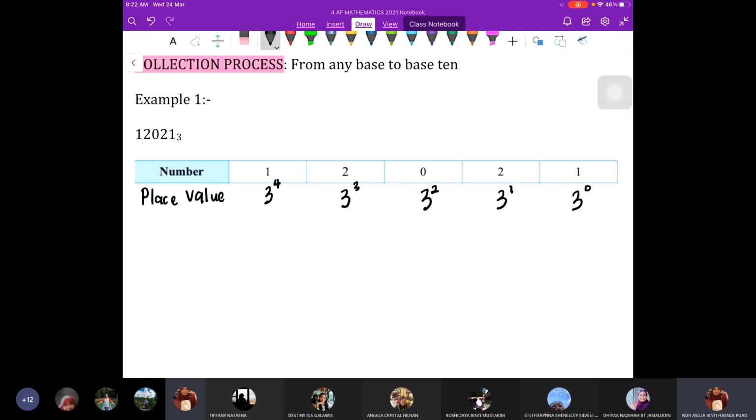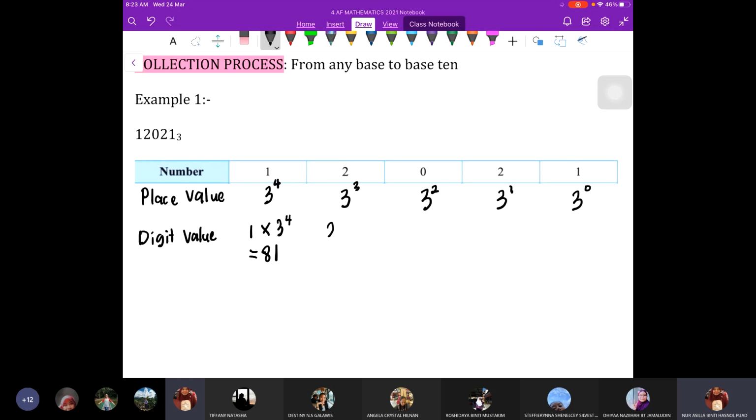Okay, so digit value kita pula will be 1 times 3 to the power of 4, which will give you 81. Okay.